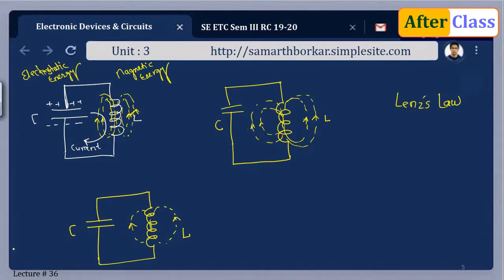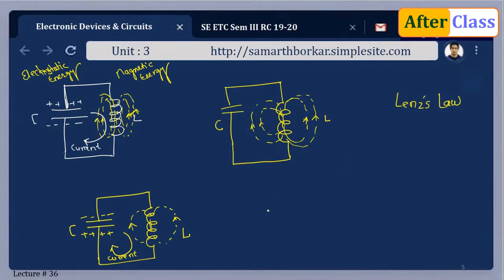Okay, so this makes the lower plate of the capacitor positive, but this is how the current is flowing, and this top plate becomes negative. Fine. After some time, the capacitor gets fully charged with opposite polarities compared to its initial polarity.